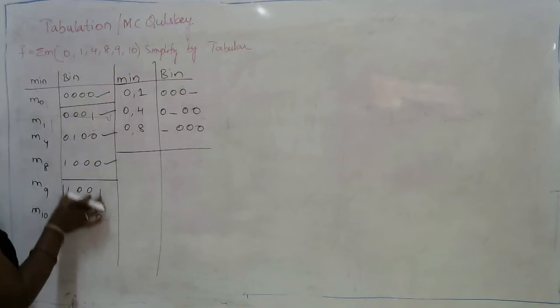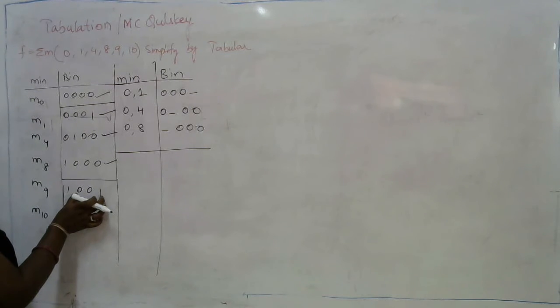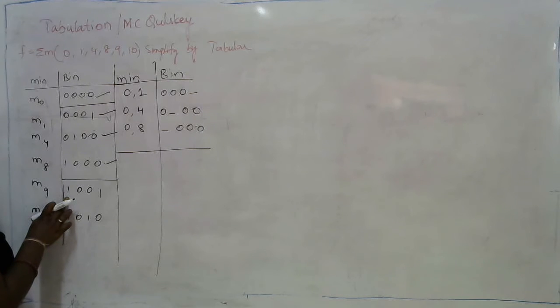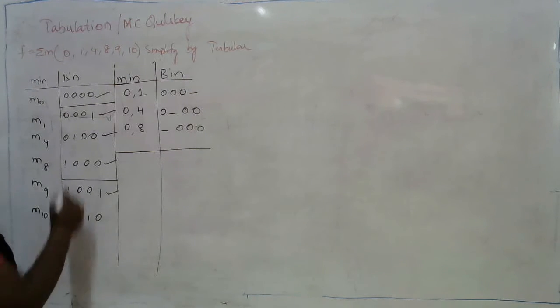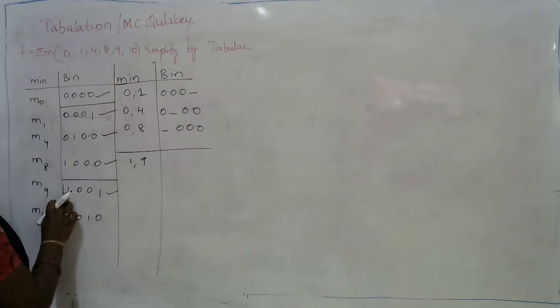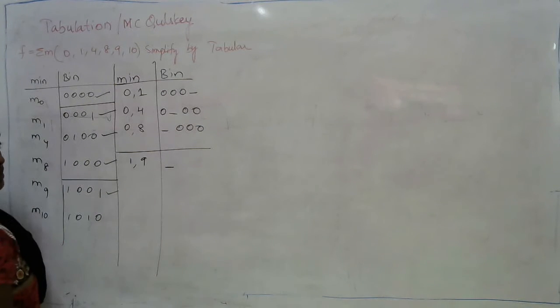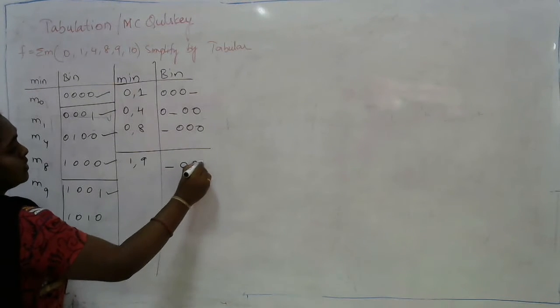So first compare with 9. 1 is compared with 9. The last 3 bits are the same, which is 0, 0, 1. There is a change in only one bit, which is the MSB. So again keep a tick mark at this point. These corresponding minterms are 1, comma 9 and the changed position is the first MSB position. That is the reason I am keeping it as a blank, 0, 0, 1.